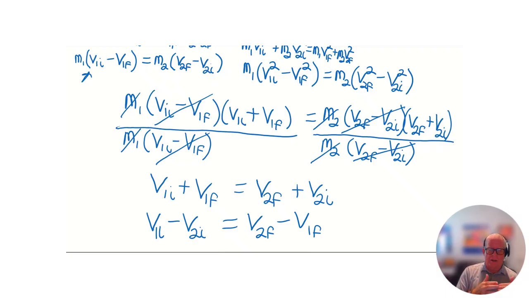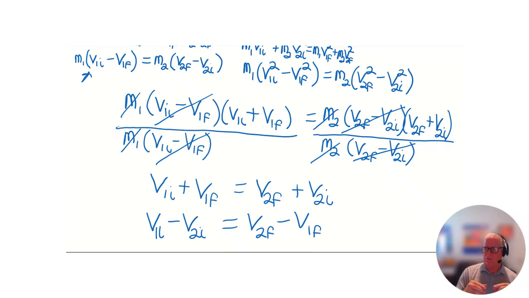Well, that just means that if cart number 2 was at rest, the speed of approach would be cart number 1's velocity. But because cart number 2 is not at rest, it's getting ahead a little bit, so the speed of approach is not quite as big as it would be if it was just cart number 1's speed. And that's what we have over here. We're taking cart number 1's speed and subtracting from it cart number 2's speed to get the speed of approach.